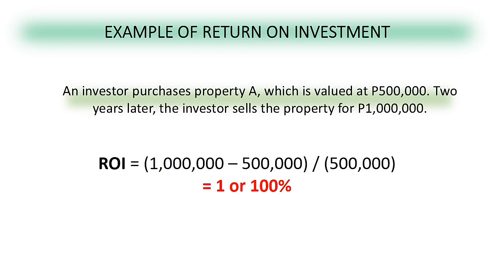So analysts or the financial manager therefore view the investment as a net loss. Consequently, when comparing two or more investments, and when the risk and other factors are equal, the investment with the higher return on investment is the preferred choice.